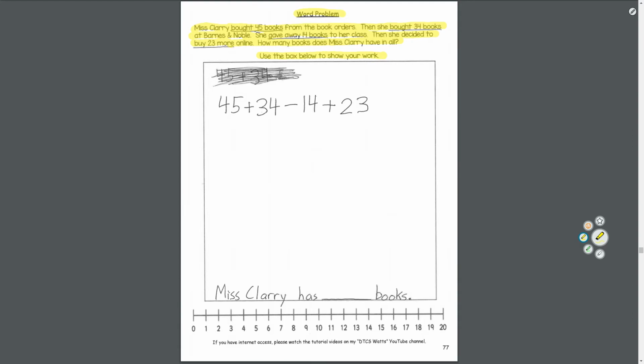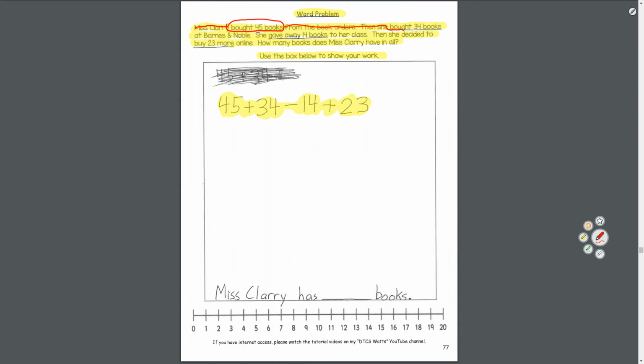So I pulled out these numbers for you. 45 plus 34, take away 14, plus 23. How did I get those numbers? So let's go back to the words, and I'm going to cut out all the stuff you don't need to know. Miss Clary bought 45 books. You don't need to know it's from the book orders.